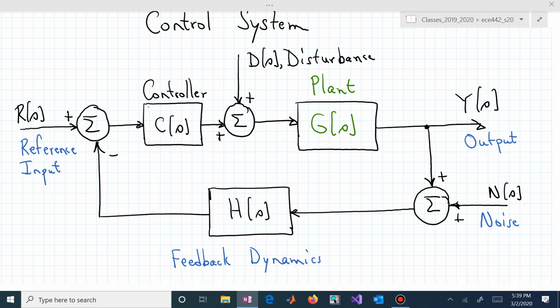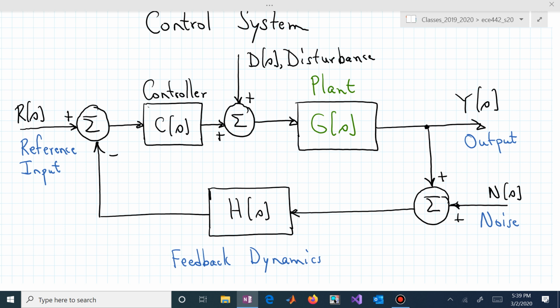We could have the reference input, R of S, which is maybe the command that says go to 10 degrees. You might have a disturbance input that might be a wind. Let's say you're trying to control a sailboat and you're wanting to go from point A to point B, and now you have this wind at some weird angle impacting your dynamical system. That's this D of S.